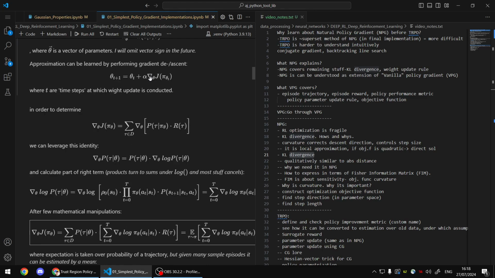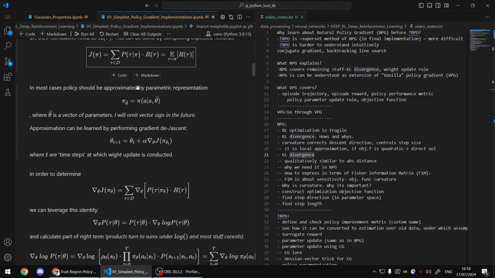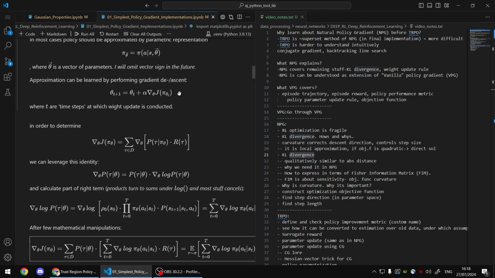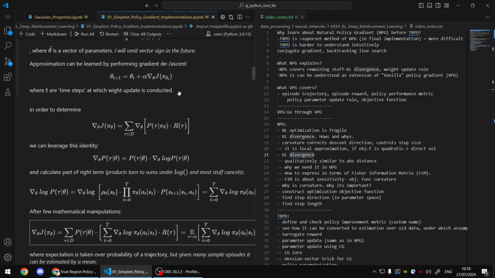We don't exactly know what the gradient of this expression is, because we actually have to measure it. We have to estimate it. So the idea is that we have our definitions. We take the gradient.